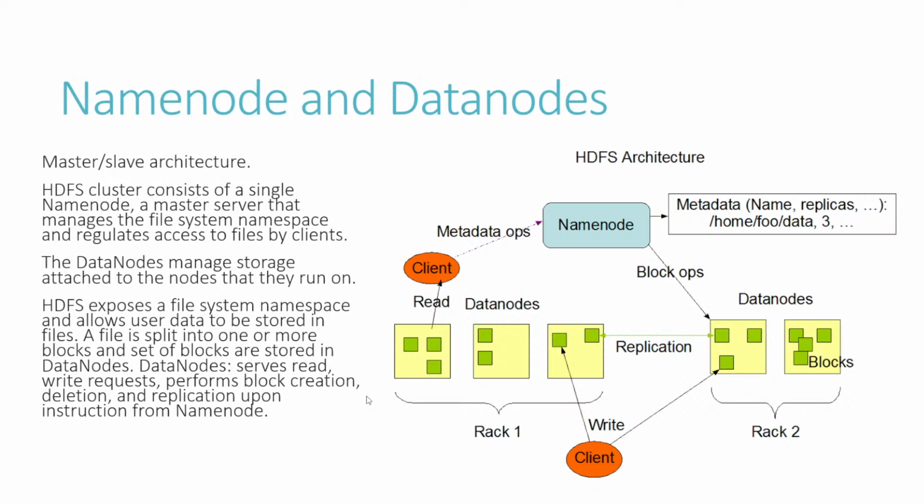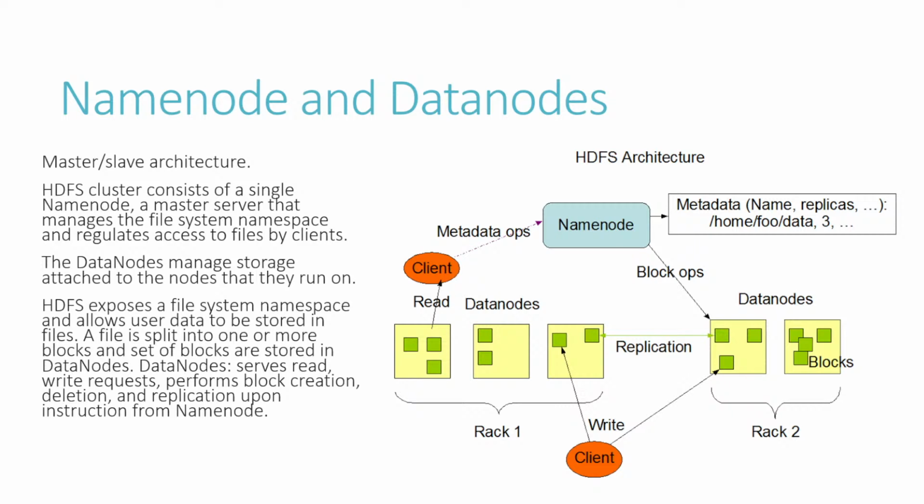So if the data block size is 128 MB, which is typical for most architectures, and the new file that's coming is 200 MB, the first 128 MB will be in the first block, and the remaining 72 MB will be in the next block.